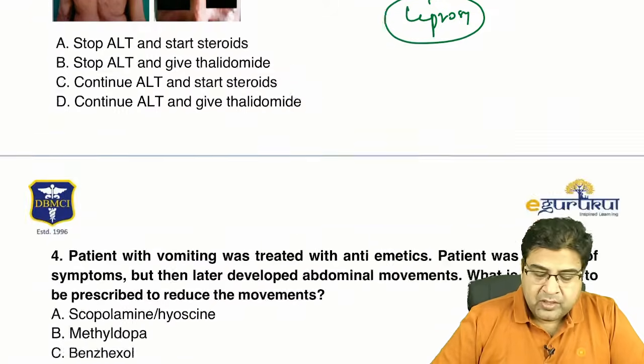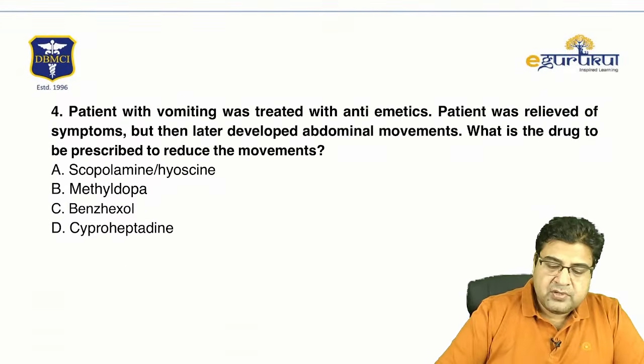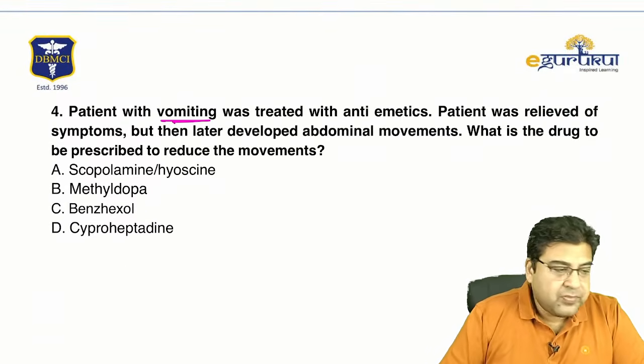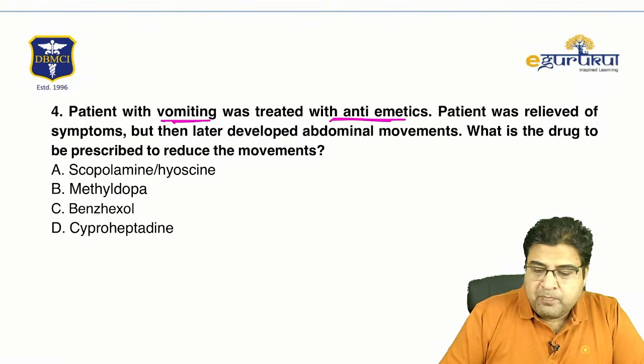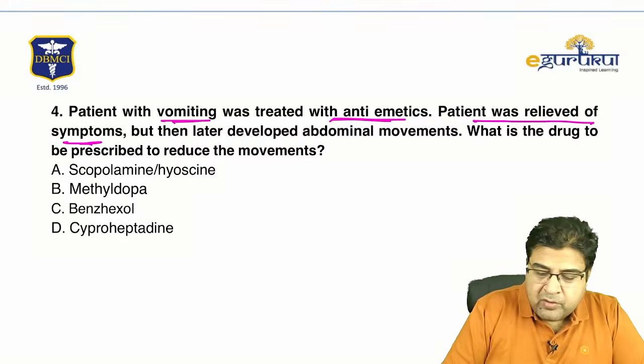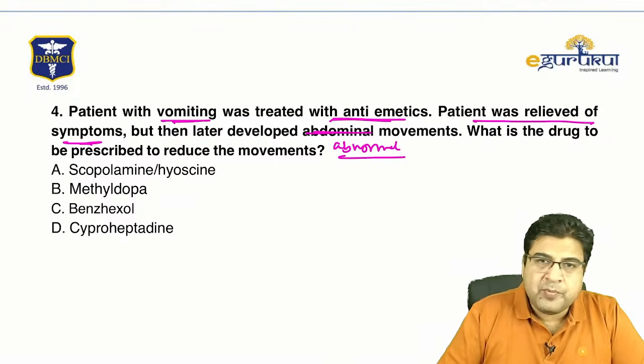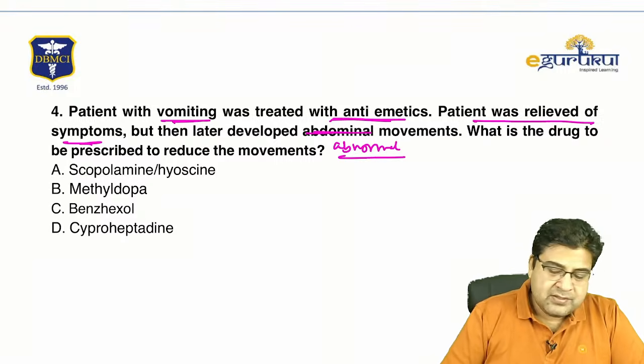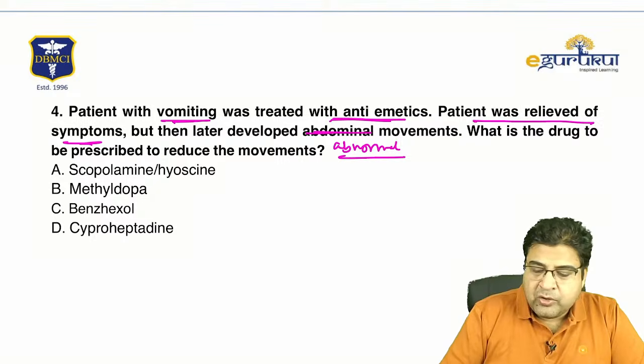Now question number 4, a patient with vomiting was treated with an antiemetic. Now the patient's symptoms are relieved, but the patient has later developed abnormal body movements. Again the same question, guys. That is metoclopramide.